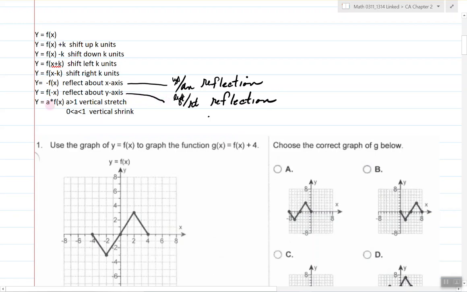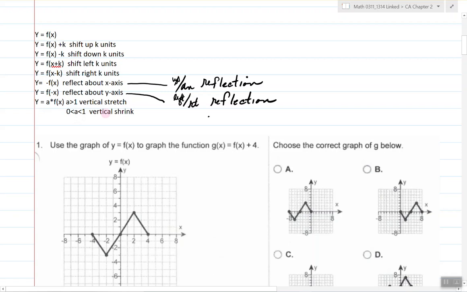If you multiply the function by a value greater than 1, then it gets a vertical stretch. It gets taller faster. If instead you multiply it by a number between 0 and 1, that means it's a fraction, then you get a vertical shrink and it does not rise as quickly.